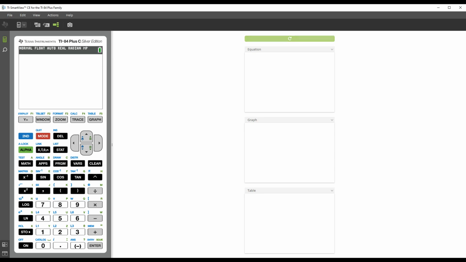I'm going to go to the y equals button, which is now in red. I've already typed the two halves of the equation in. You don't even have to set it equal to 0. You can literally type in the first half of the equation as y1 and the second half as y2. Then you would hit graph.